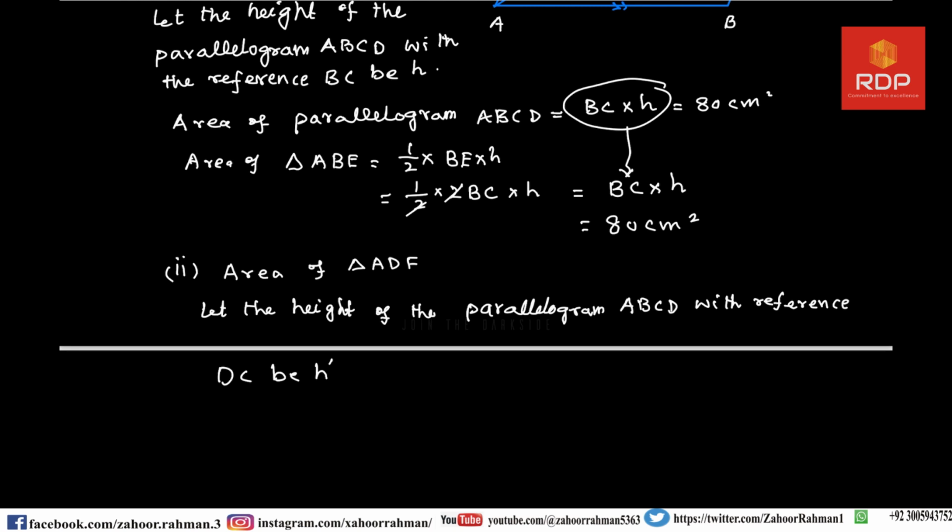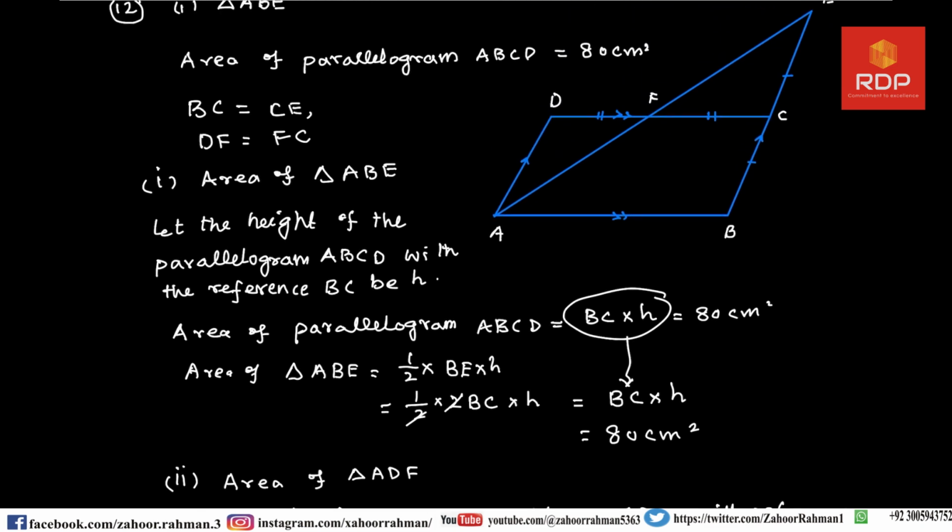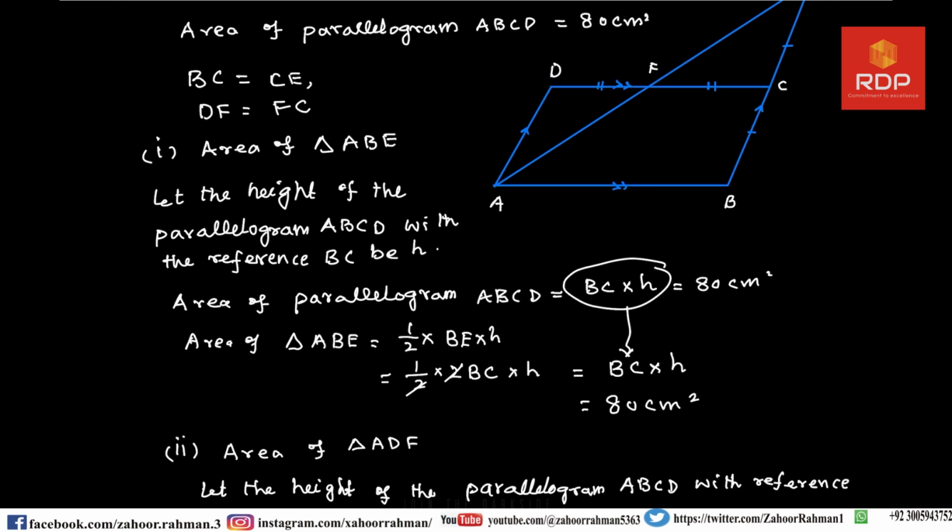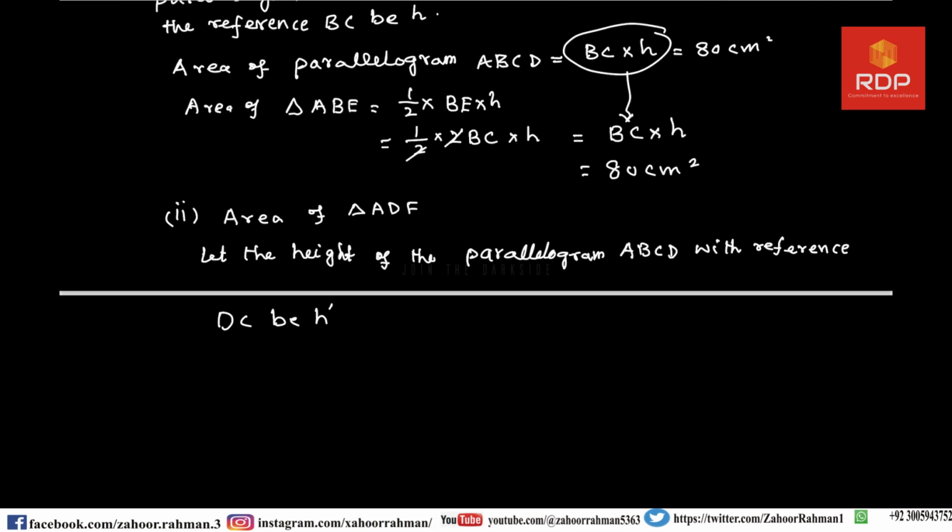Let us differentiate between the two H. So we are writing H dash here, and we are taking the base as this DC. We will consider a height like this. So you have to mention the base as well.